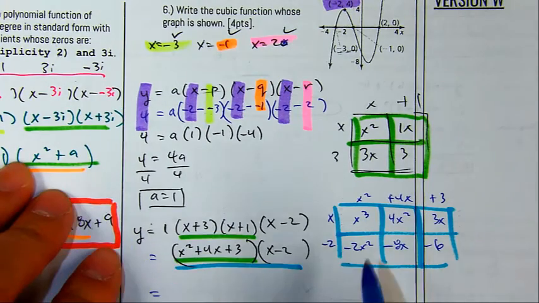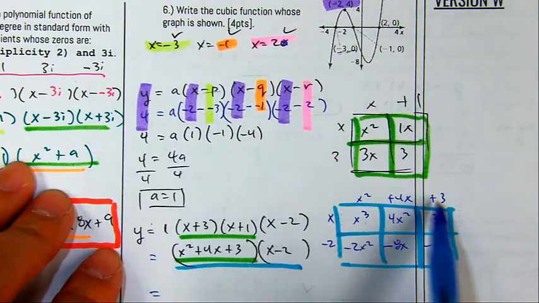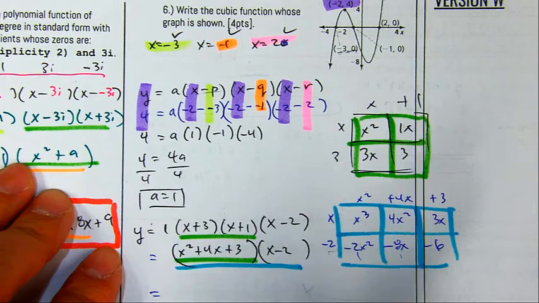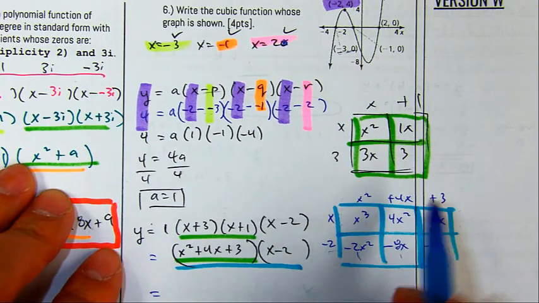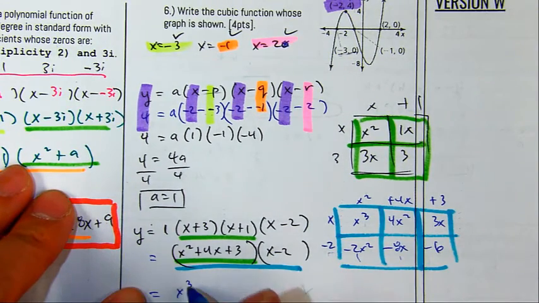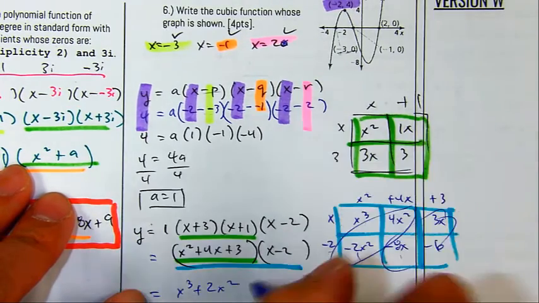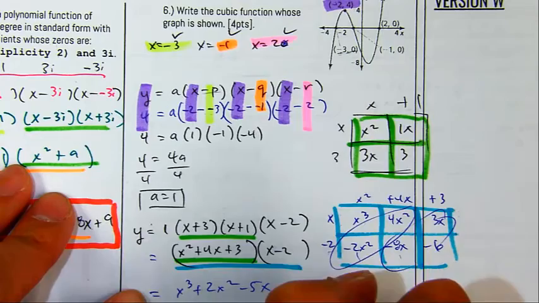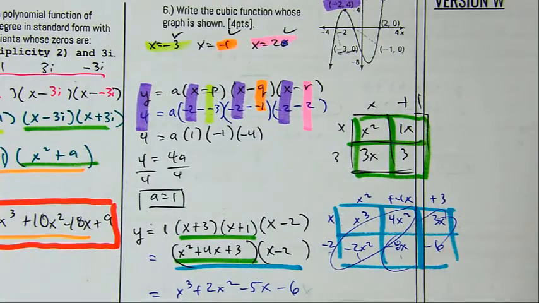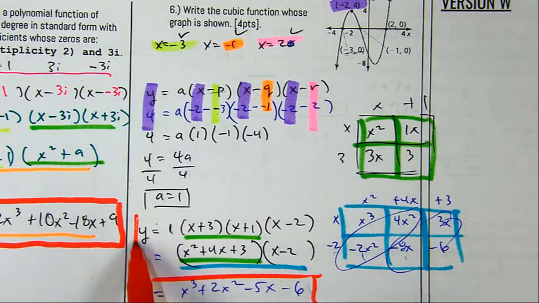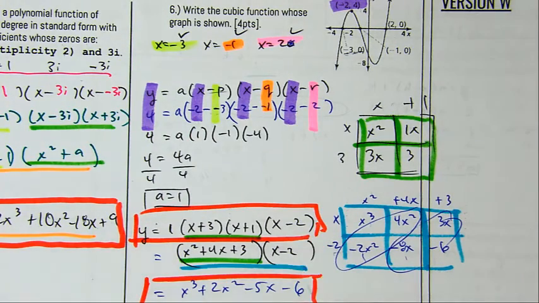Double check that. Okay, and I get x cubed, these are like terms, so 2x squared, negative 5x, and negative 6. So I didn't tell you guys specifically which one, so if you have either of those answers, it will be acceptable.